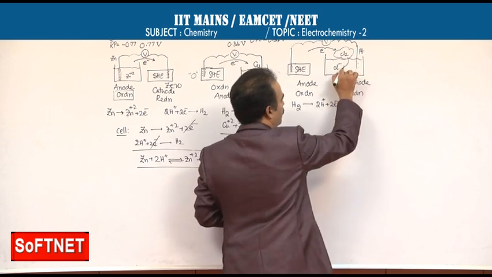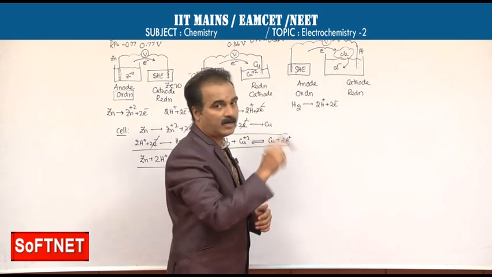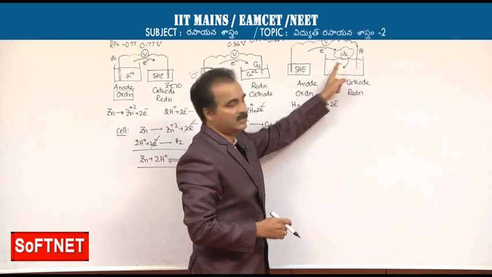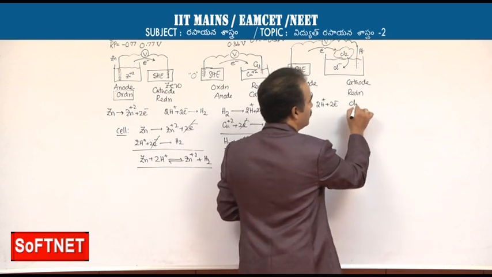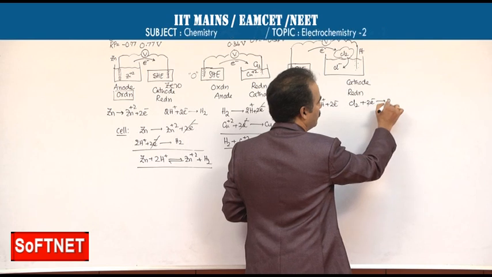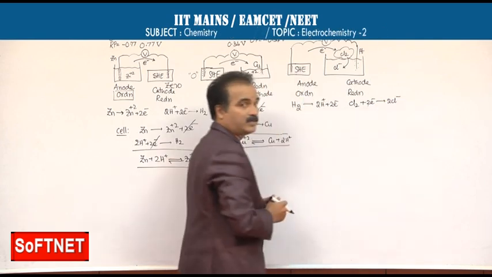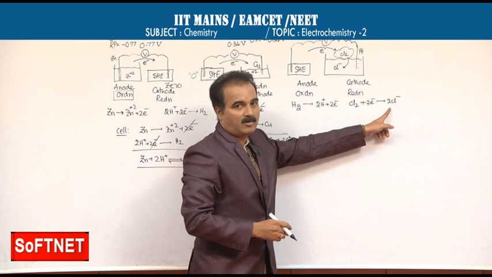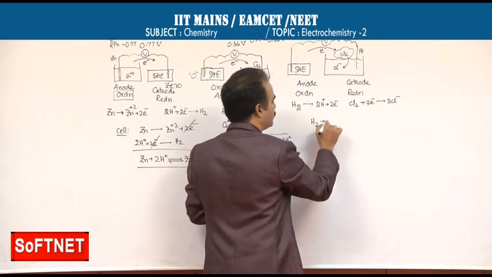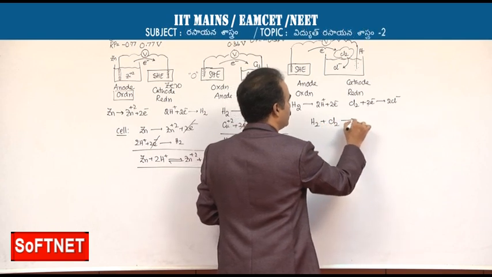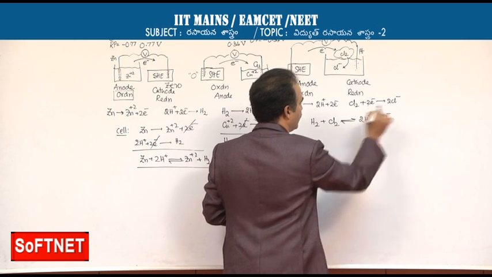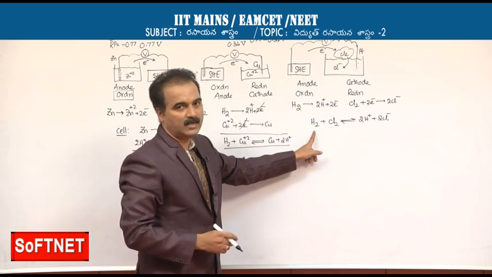Is chlorine becoming chloride or chloride becoming chlorine? Reduction means 0 should become minus, means chlorine gas undergoes reduction by taking 2 electrons and becomes 2Cl minus. So, chlorine is becoming chloride ion, that is reduction. So, overall cell reaction is H2 plus Cl2 gives rise to 2H plus and 2Cl minus ions. This is the overall cell reaction.